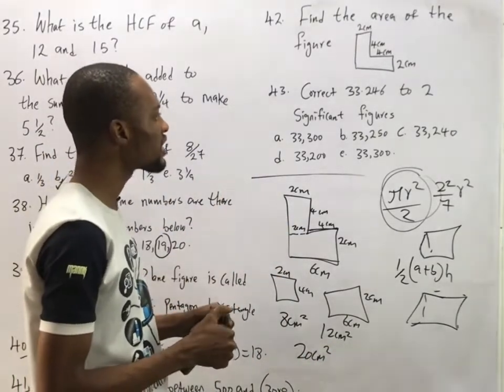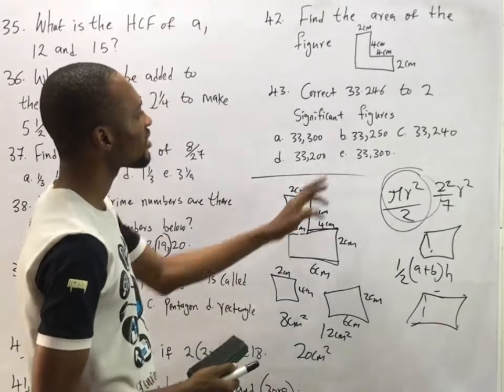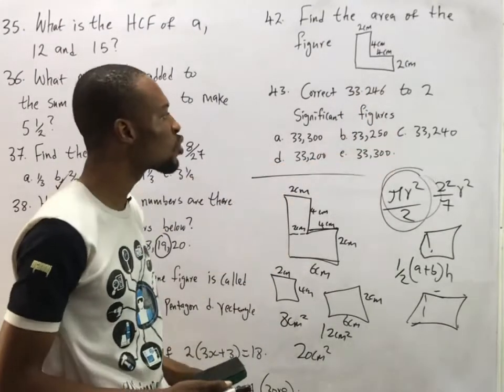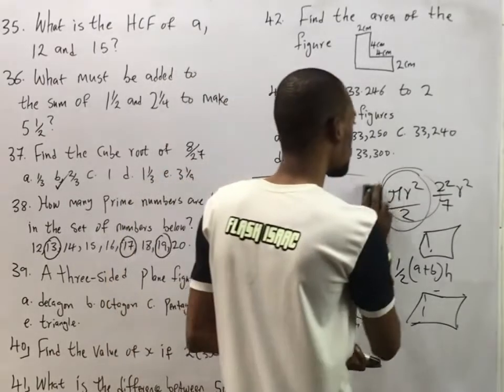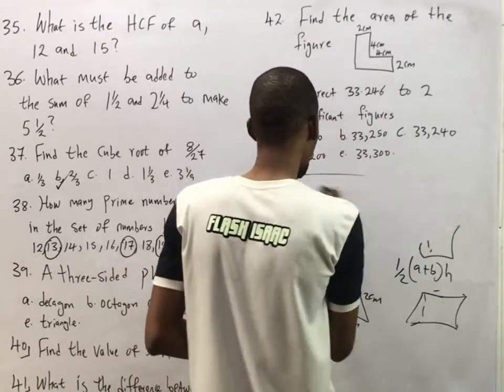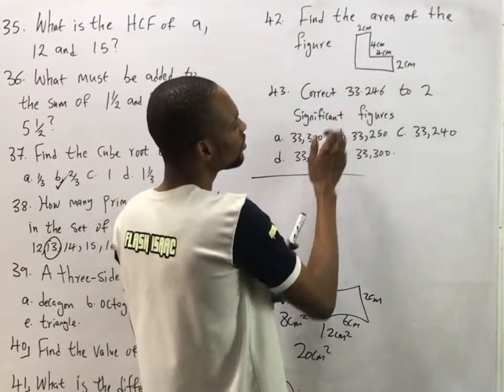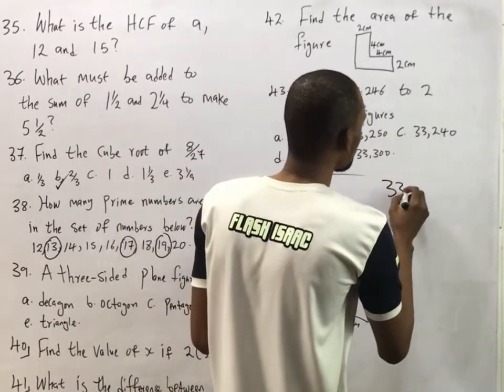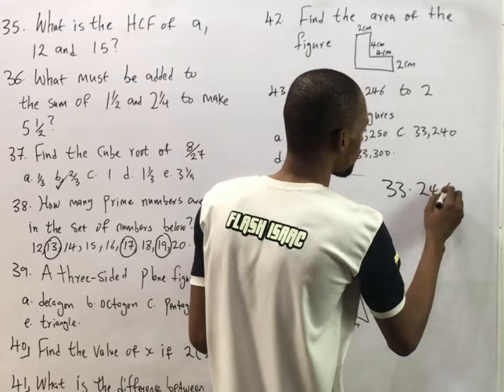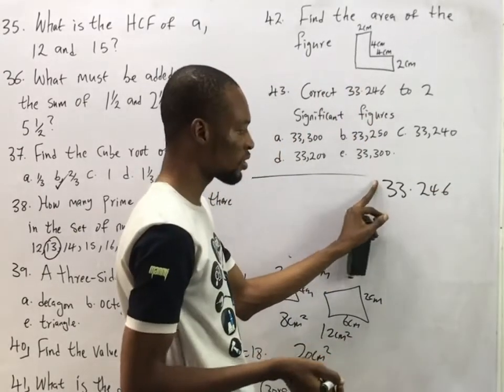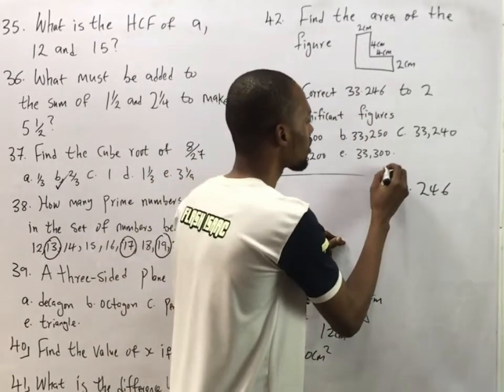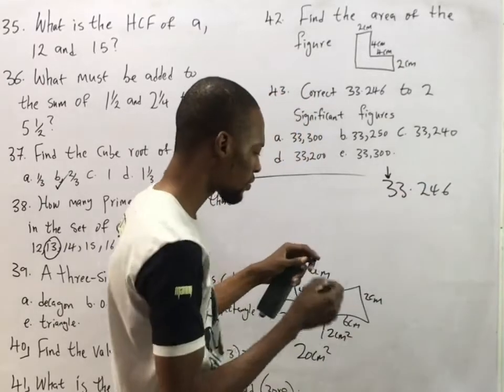And this 43 says we should correct 33.246 to two significant figures. Given this value, the first significant figure is the first value that is not equal to 0. So the first number that is not 0 here is 3. This is the first significant figure.